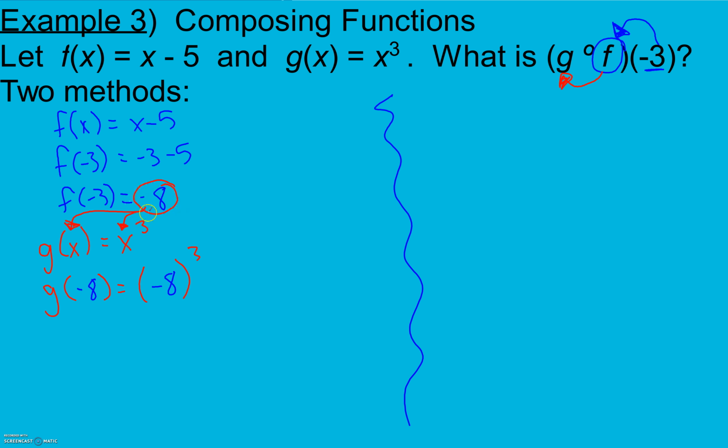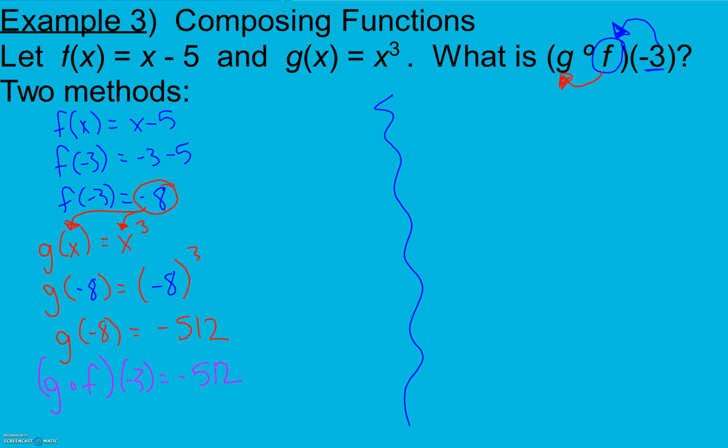All I did there was take this negative 8 and plug it in for x. And I can evaluate here. So I can rewrite this one more time as g of f, or g composed with f, of negative 3 equals negative 512.